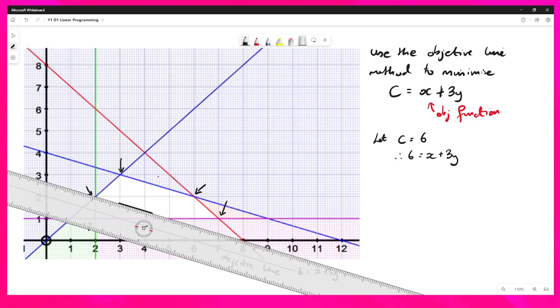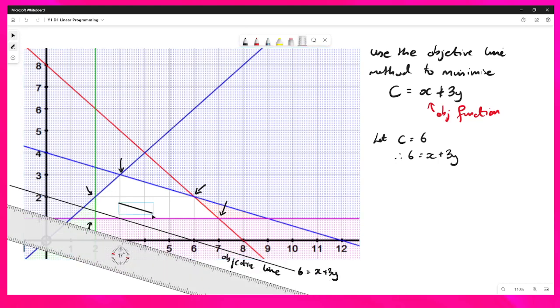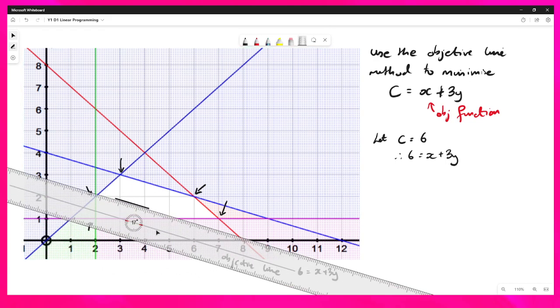So there would be a value of c for this line. We can see that the gradient of this line is the same as the objective line we drew. So this objective line is another solution to our linear programming problem.